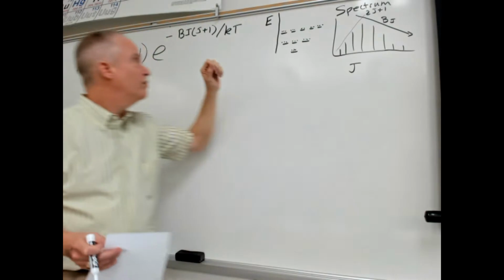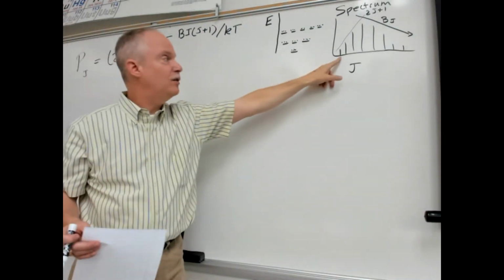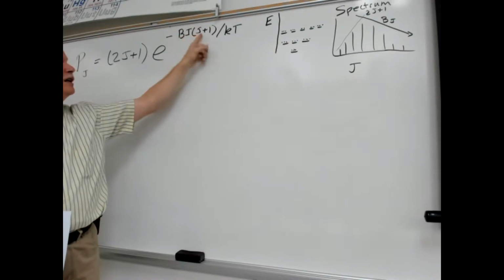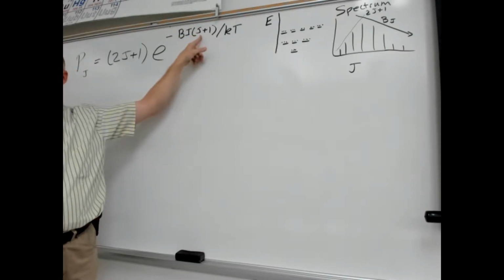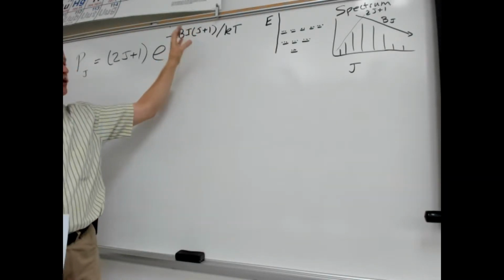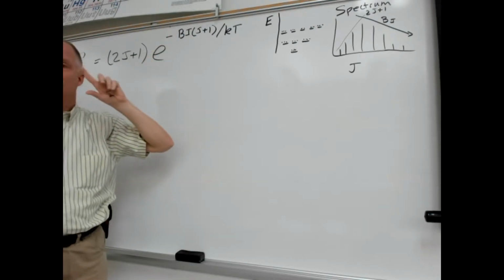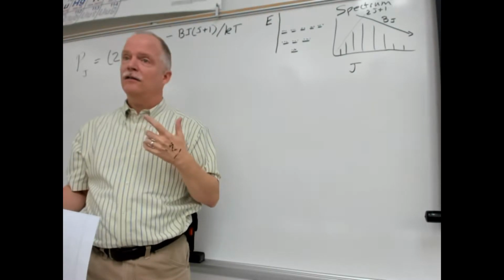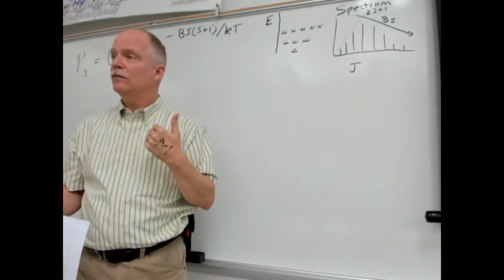But not the bottom one. The lowest energy state, J equals 0, the top is 0. And so it's e to the 0, so the probability of the ground state stays non-zero. So everything drops to the ground state at absolute 0.